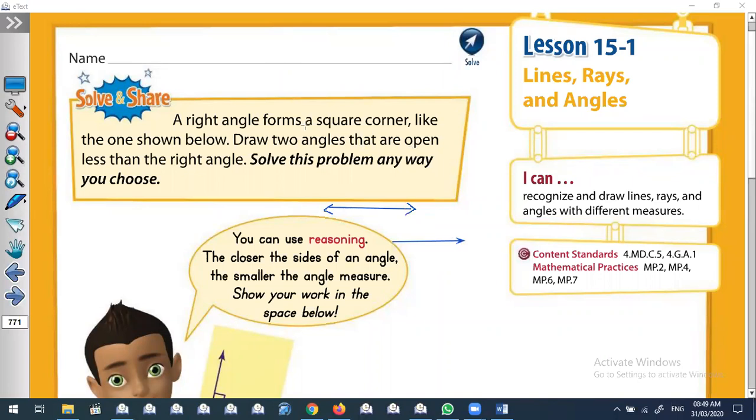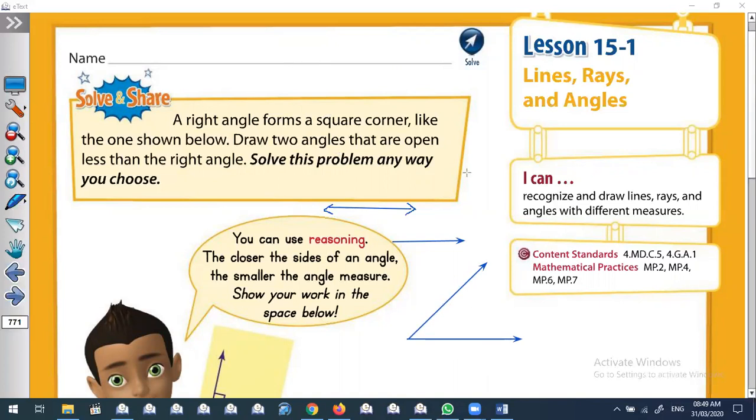After that, the angle. What is the angle? The angle is the union of two rays having the same starting point. Like that, we have one ray, its starting point here. And if you have another ray with the same starting point, this is called an angle.